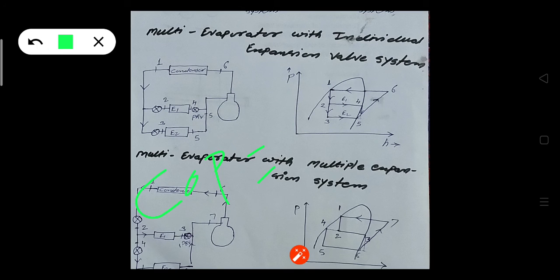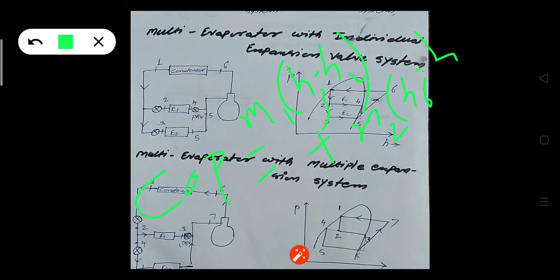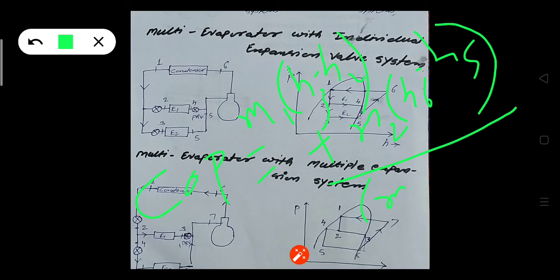Total RE is M1, the mass flow rate in evaporator 1, into H3 minus H2, which is the refrigerating effect of evaporator 1, plus M2, the mass flow rate in evaporator 2, into H6 minus H5, divided by M1 plus M2 into the compressor work, H7 minus H6.